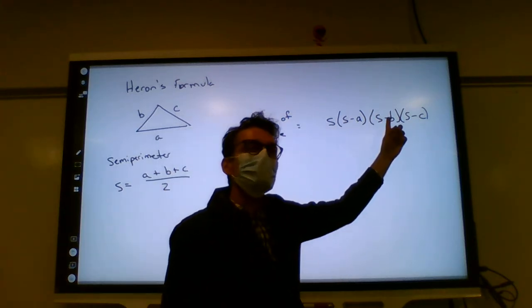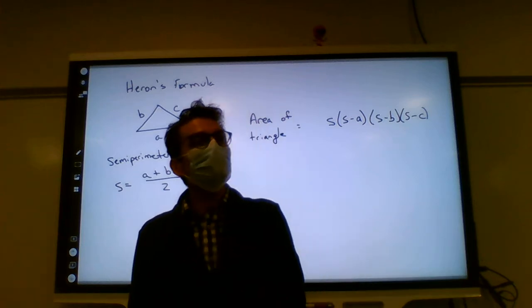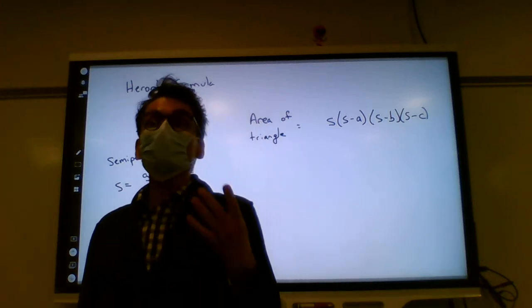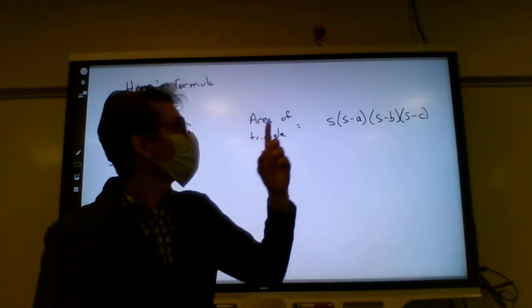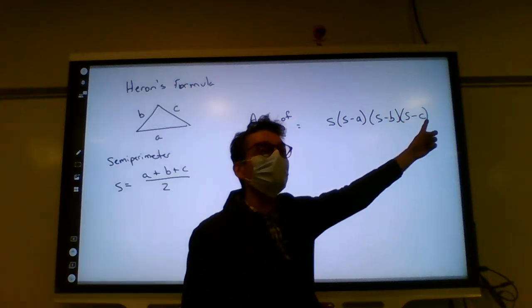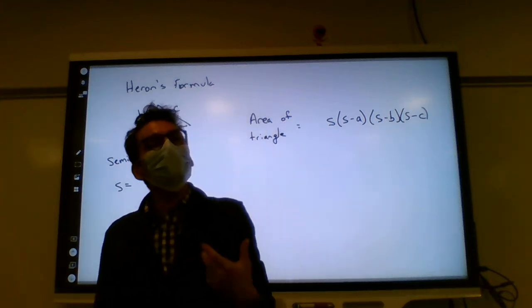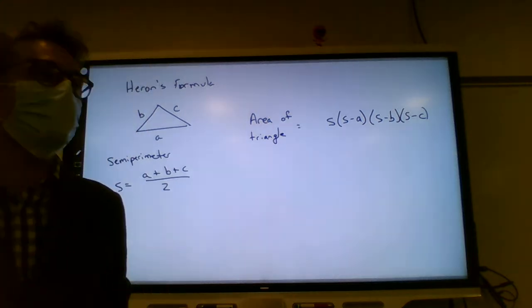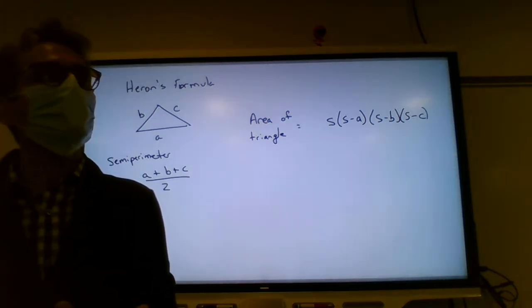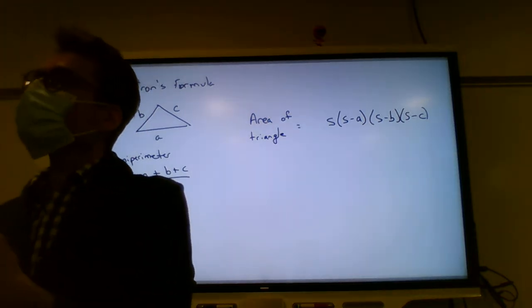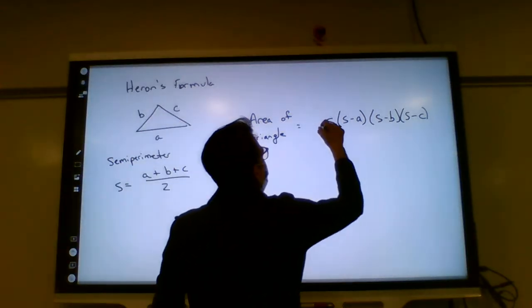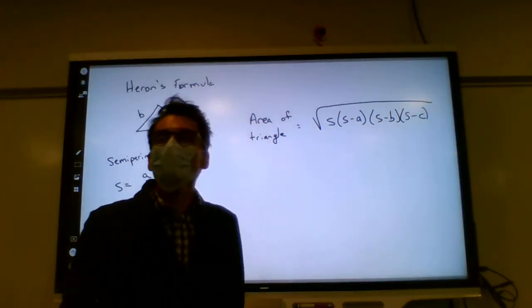Meters times meters times meters times meters is meters to the 4th. 1, 2, 3, 4 of them, right? Meters to the 4th. Well, what kind of answer are we looking for with the area of a triangle? Meters squared. So what do we do? Take the square root of that.